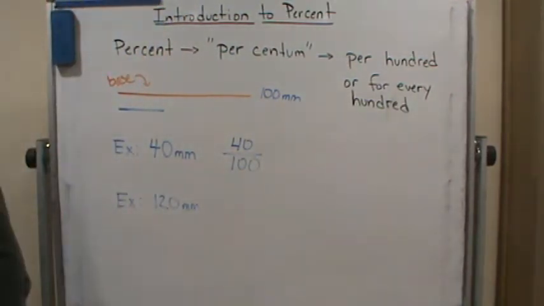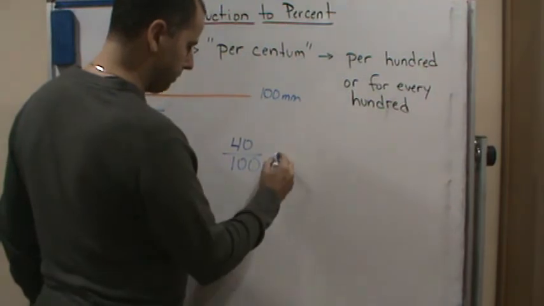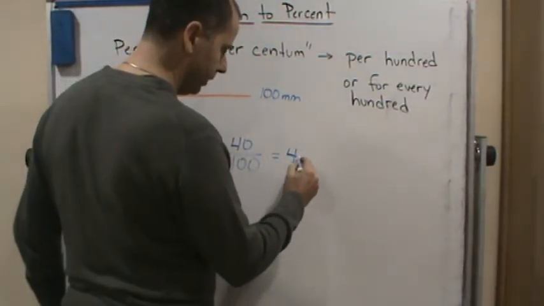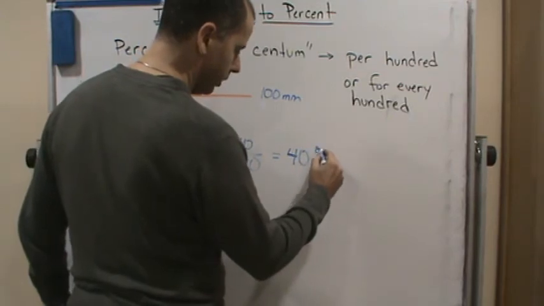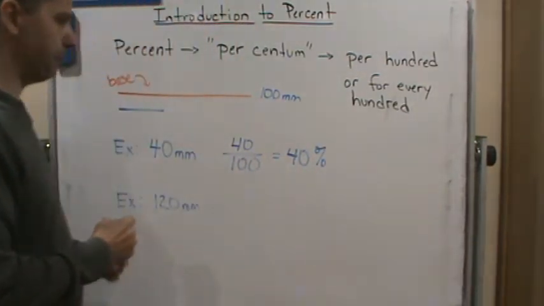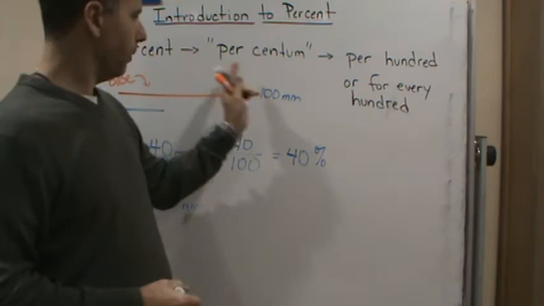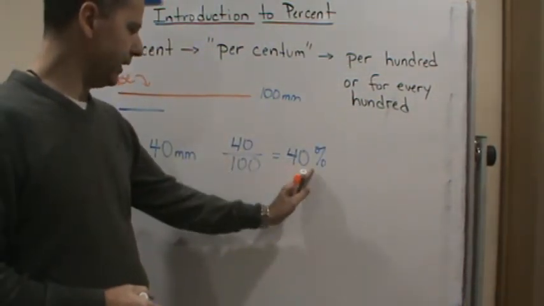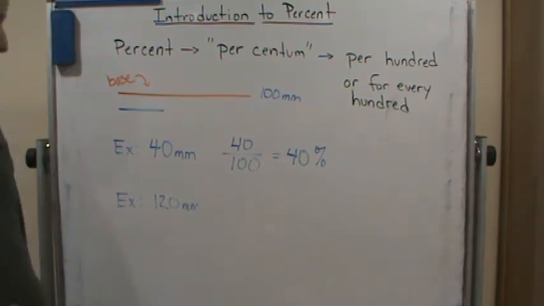Now, if we write it as a percent, we just drop the 100, so it's 40 out of 100, which means it's 40%, right? Per 100. 40 per 100. So we can write 40 over 100 equals 40%.